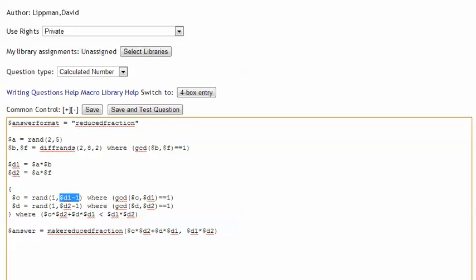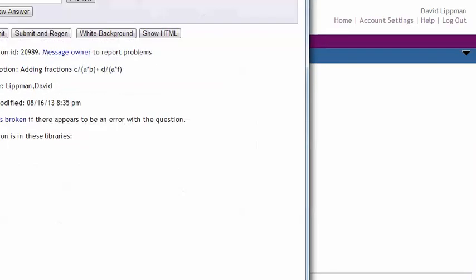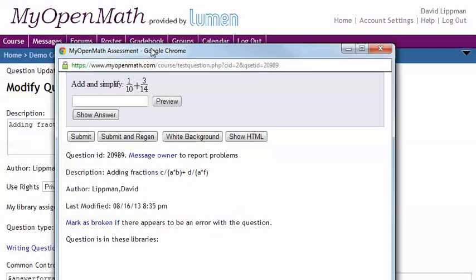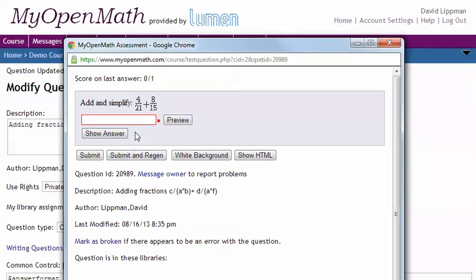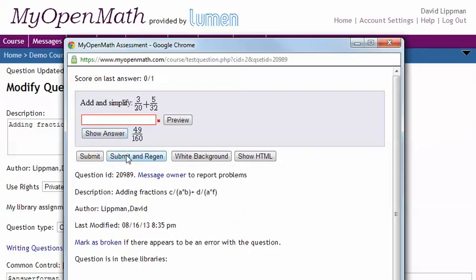Okay, so let's go ahead and give this a try. Now we're going to end up with a proper fraction, and a proper fraction, and a proper fraction. It looks like we're doing better here with what our goal was. I'm noticing that some of these numbers are pretty huge. Well, I guess that's okay.